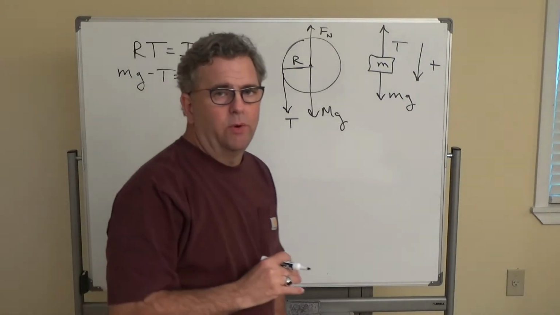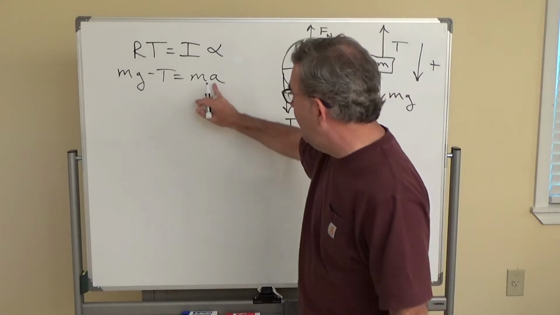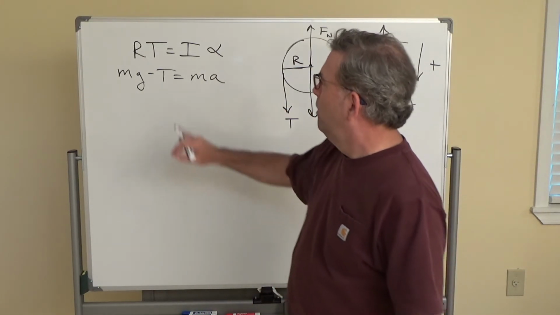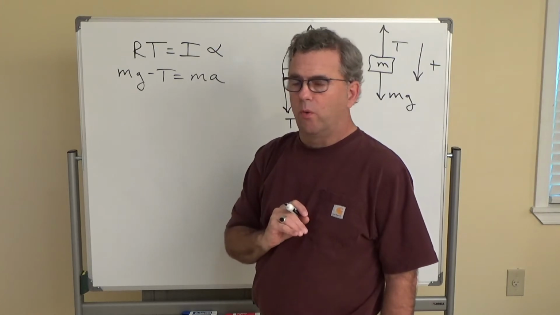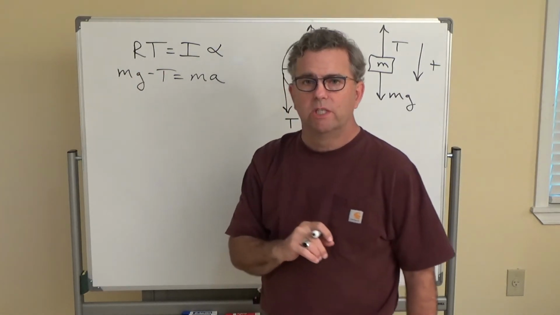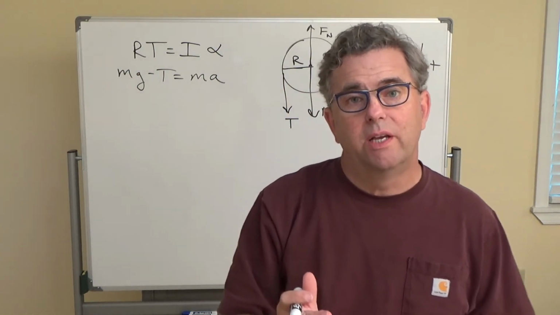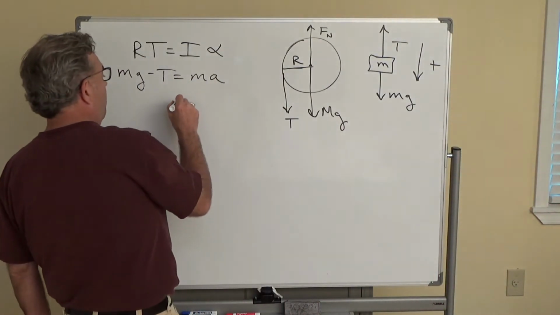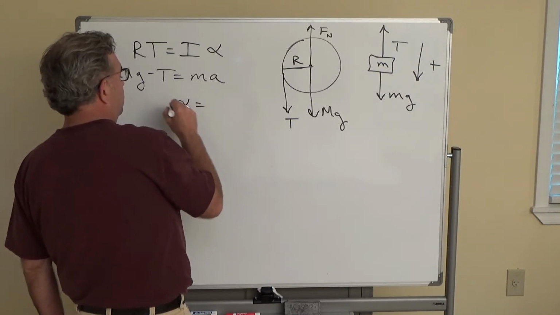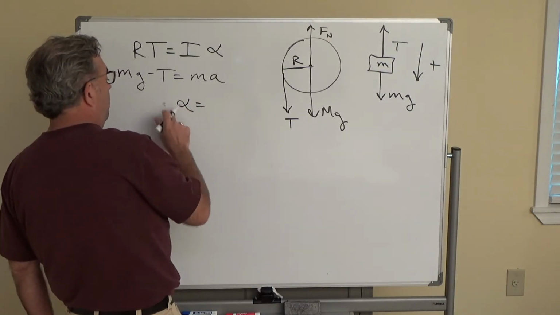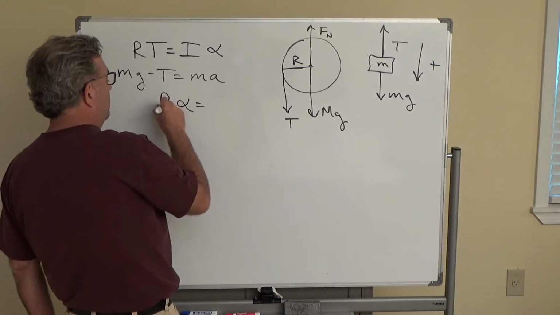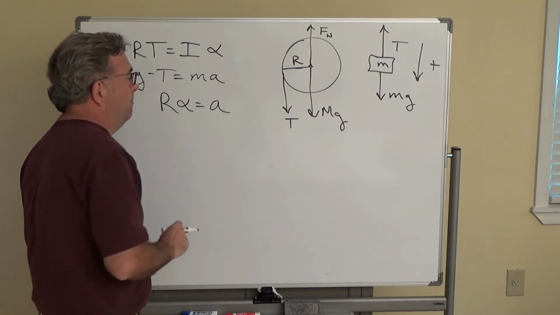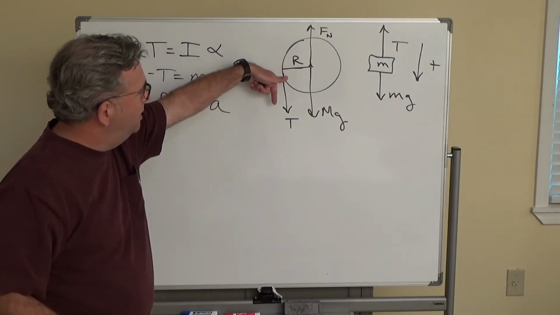If we can find a relationship between a and alpha, we can combine these two equations and solve for T. What's that relationship? That relationship is that alpha times big R is equal to a. It's coming off the edge.